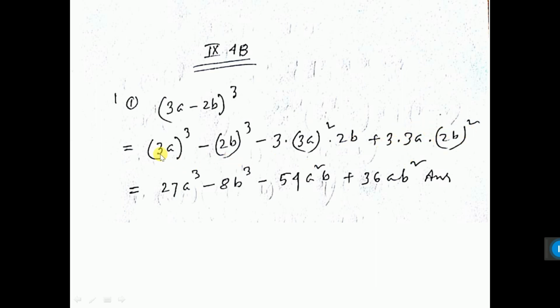Then just simplification. 3 cube means 3 into 3 into 3, that is 27a cube. 2 into 2 into 2, that is 8b cube. Here 3 into 3, that is 9, into 3 into 2, it is coming 54a square b. Here 2 into 2, that is 4, into 3 into 3, 36ab square. So this sum is done.